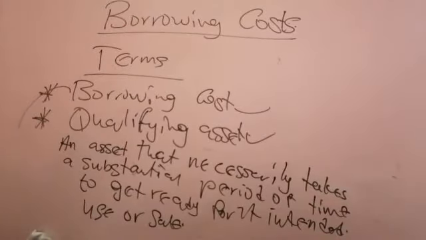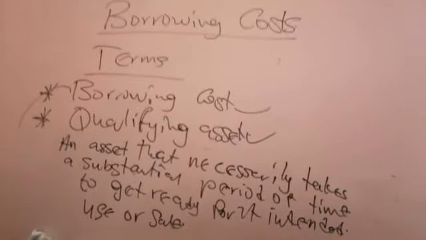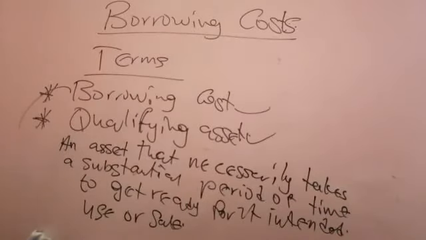So let's give an example of qualifying assets. You can talk about inventory, manufacturing inventory, construction of a building. But if you go and acquire a completed building, it's not a qualifying asset.